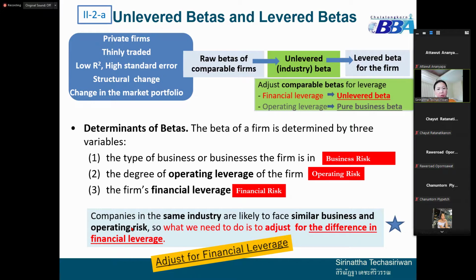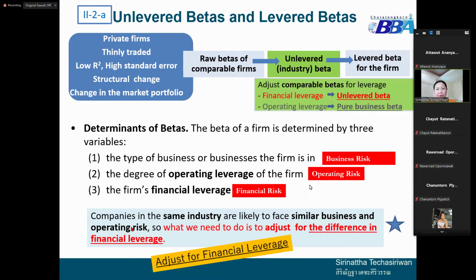For example, a company in the infrastructure sector, which is a basic need, tends to have low risk compared to a company in a cyclical sector or the consumer discretionary sector, where risk will be higher. So that's the first determinant of risk, business risk.